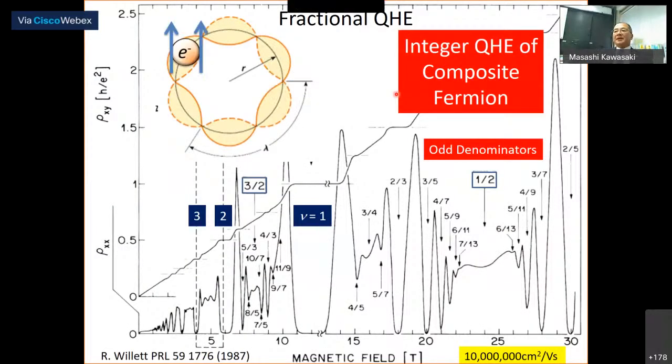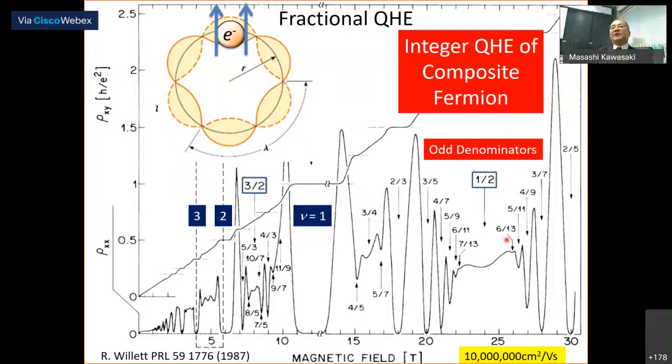So this is the so-called fractional quantum Hall effect. As I told you, as you apply a magnetic field, you see zero resistance and a plateau in Hall resistance at each integer filling. And between these integer states, you have another quantum Hall effect, which is the fractional quantum Hall effect.